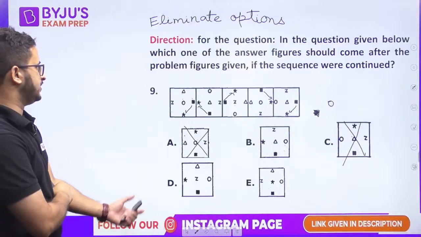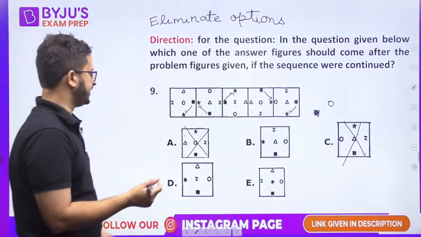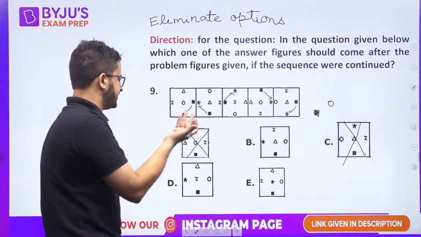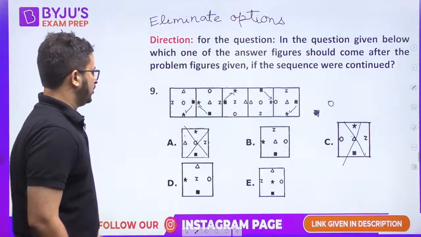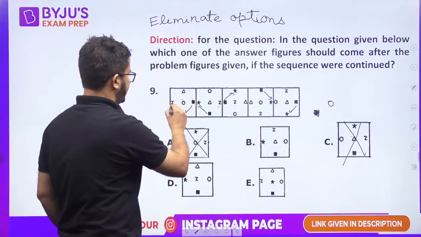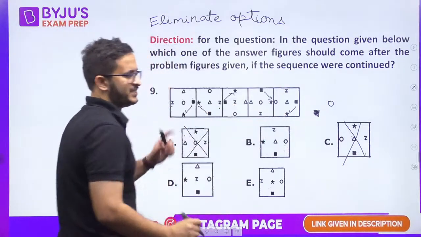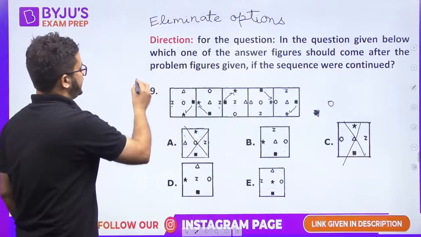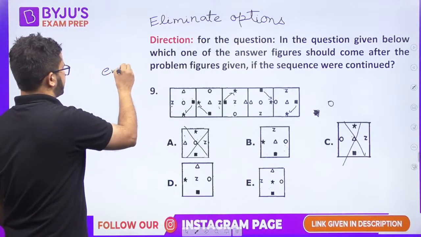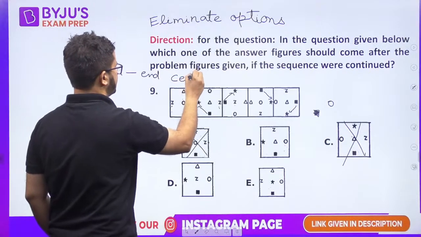Let us see the Z thing, or any of the elements. We can see the triangle also. So if we see Z, it is going from left to right, this end to this end, then center, then this end to this end. So basically it is going end to end and then center.